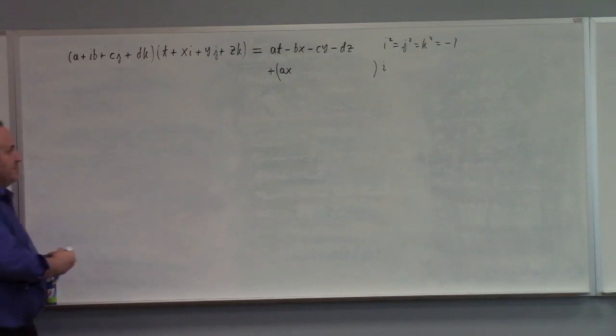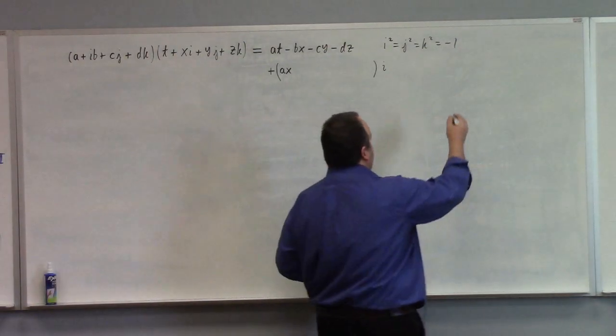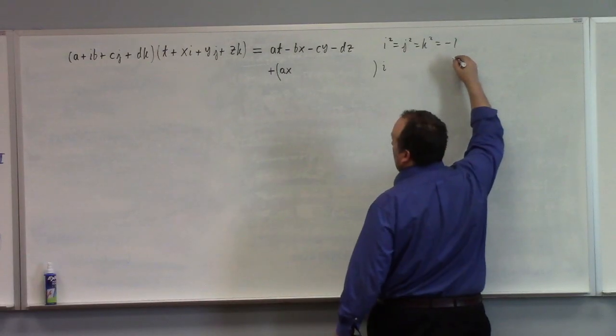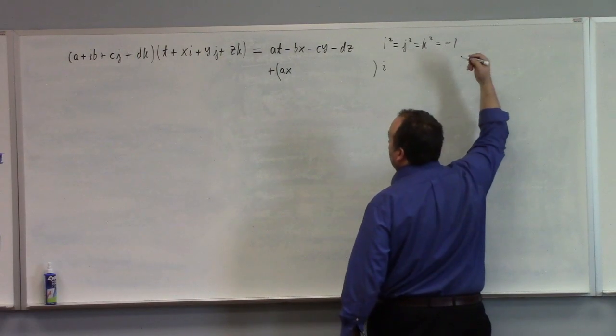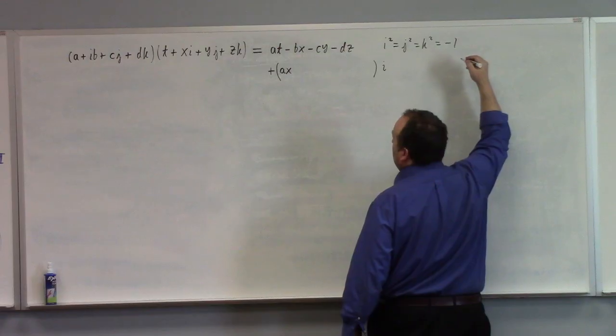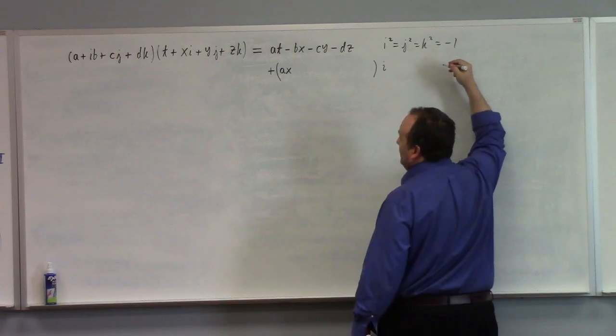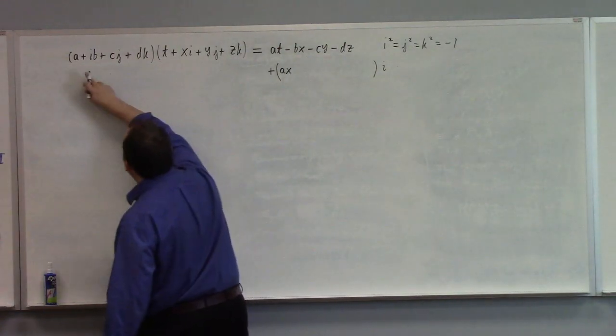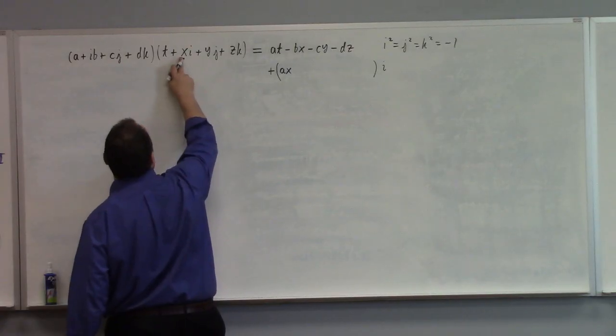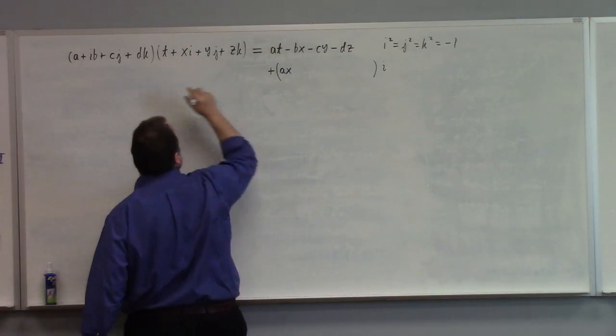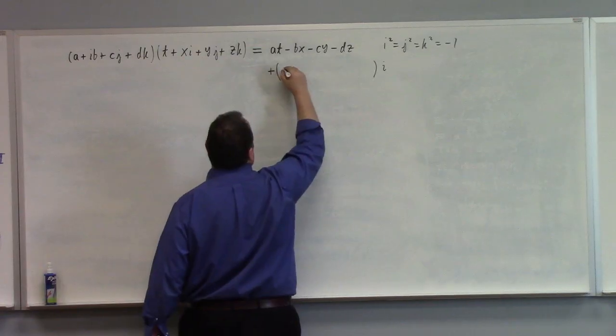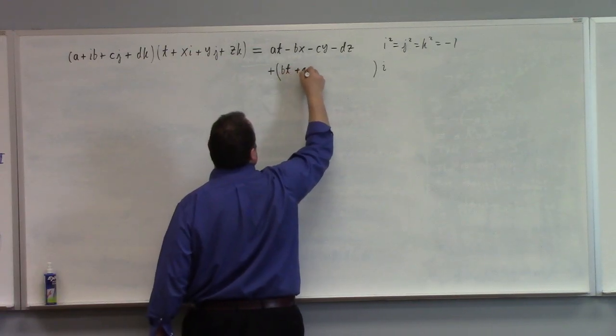Do you remember the rules we talked about? Just like Calc 3, right? Like, how did it go? I mean, well, the easy one, of course, is we have a times x, that gives us an i, but there's also a t times b, right? So I should probably put that one first. bt plus ax, that would have been smarter.